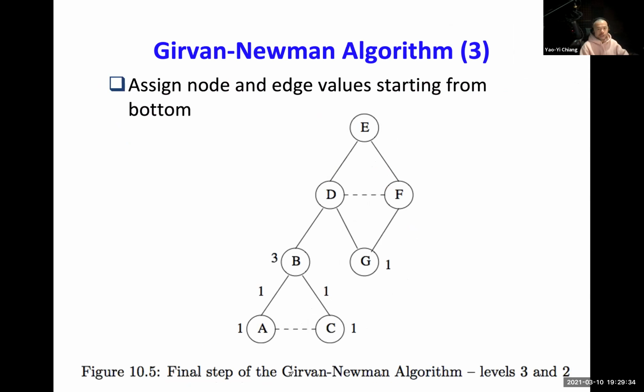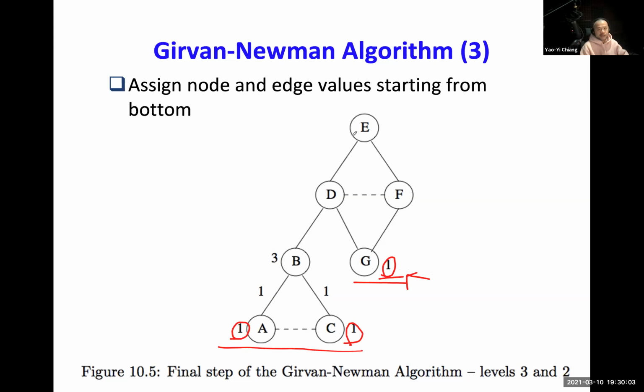To calculate the betweenness, you start by labeling each of the leaf nodes with a 1. On your textbook and on the slides, it doesn't really tell you why we want to label this 1. But think about this 1 in a similar way as your FP growth algorithm.